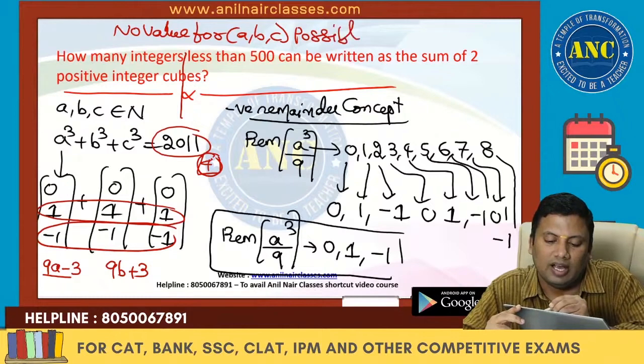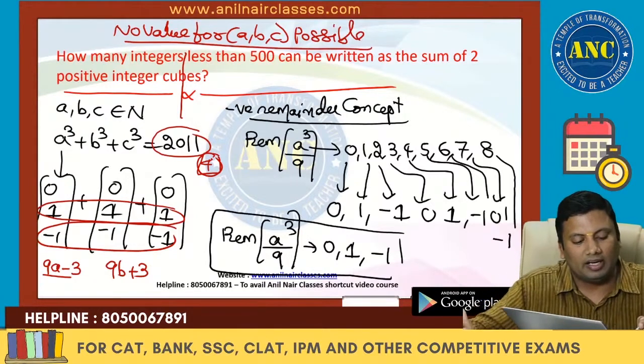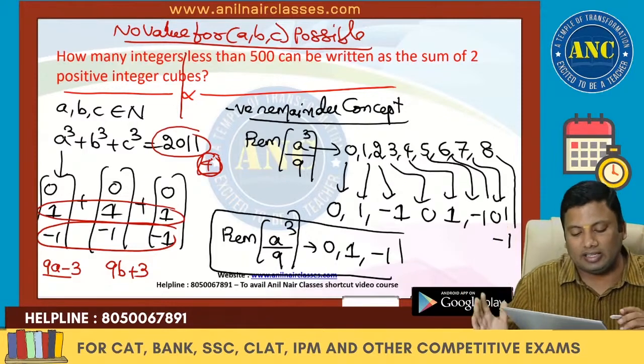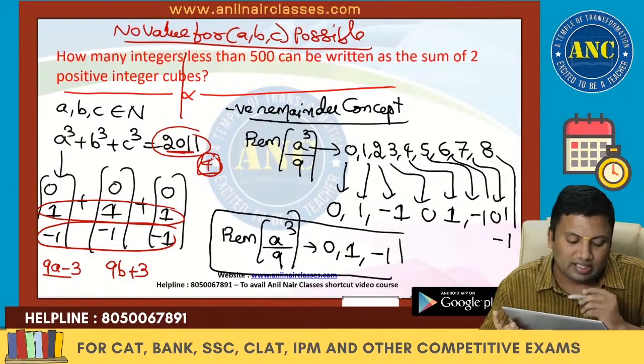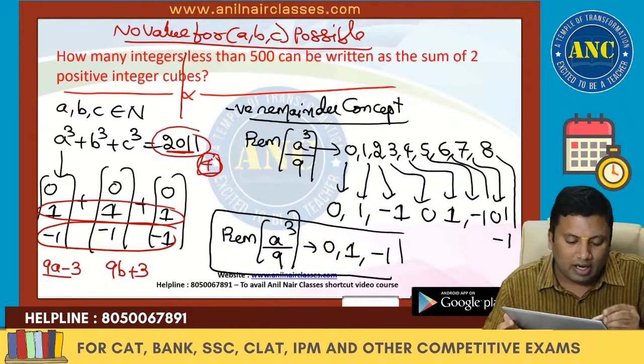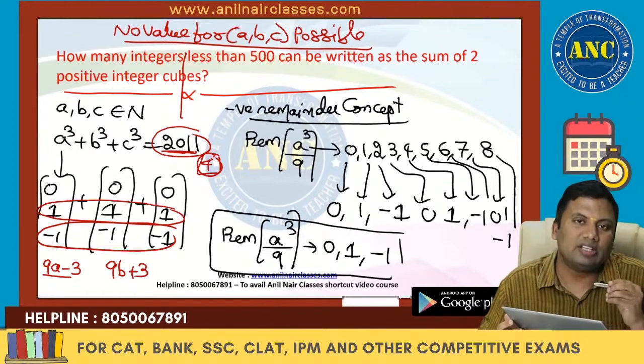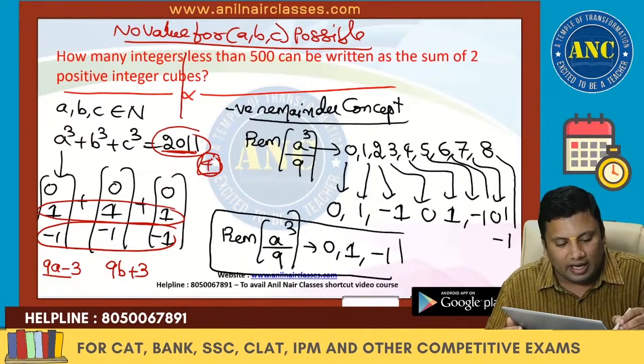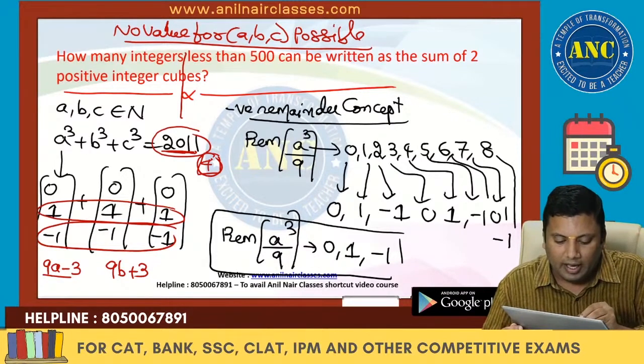Why? Because the left hand side remainders are moving from minus 3 to plus 3, but in the right hand side the digital sum is nothing but 4. Because digital sum is the remainder when you divide a number by 9. I divided A cube, B cube, C cube by 9.